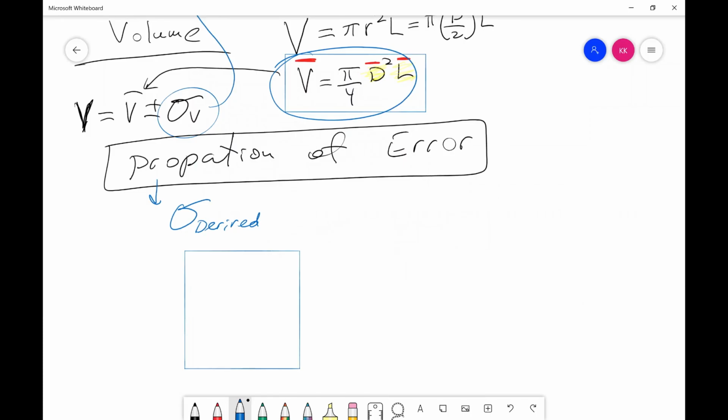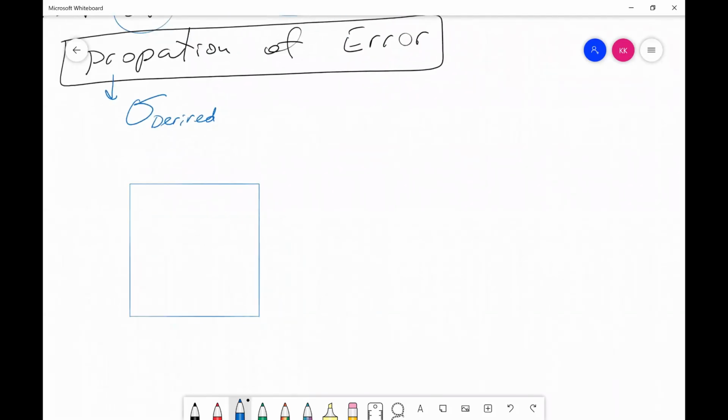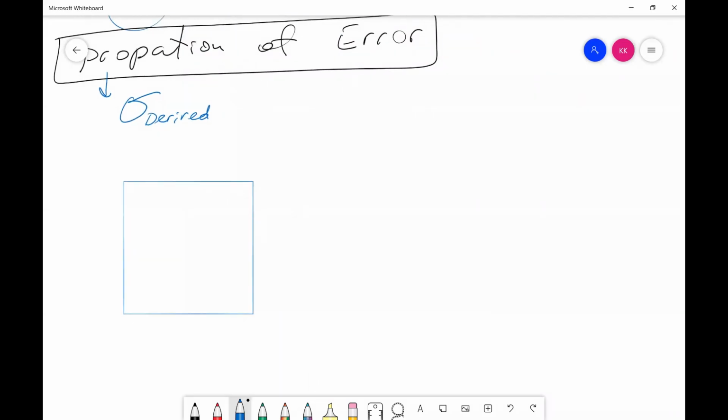I didn't want to make a square, so let me make it a rectangle. So what can I measure about this rectangle? It's not a square; it's a rectangle. The length and the width. Exactly. I can measure the length and I can measure the width.